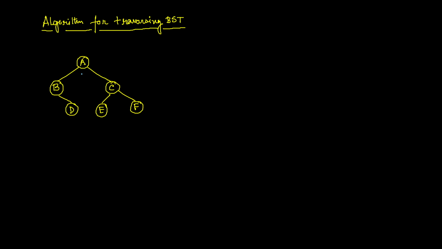Suppose the address of this node is 100, this is 200, this is 300, this is 400, this is 500, and this is 600.